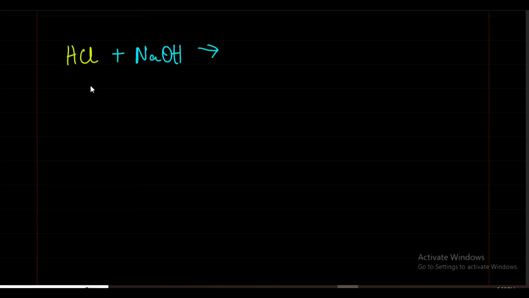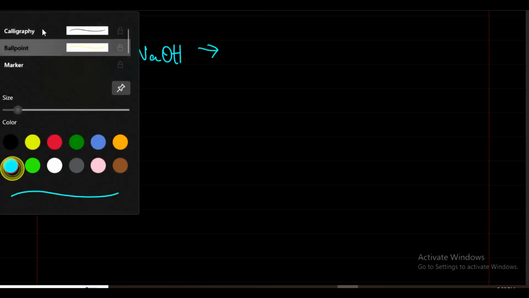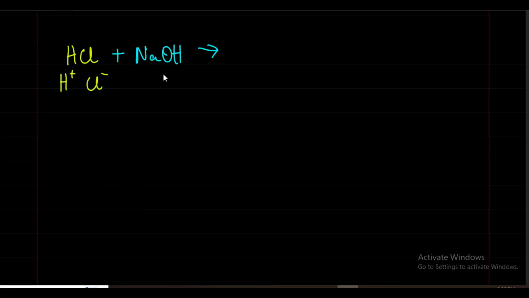We know that HCl, when in solution, forms H plus and Cl minus. And sodium hydroxide forms sodium ions and hydroxide ions. So what is going to be our product? We will look at the charges.